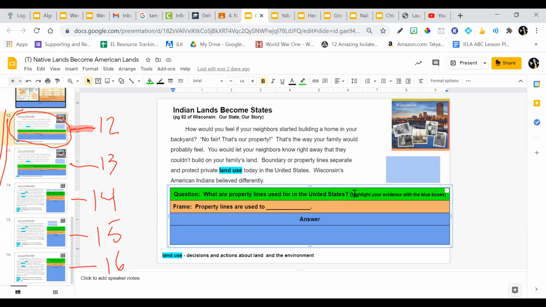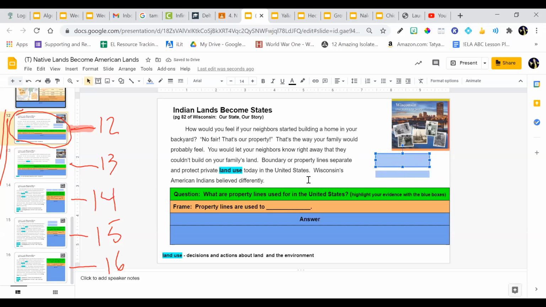And it tells us to highlight our answer with the blue boxes. I have two blue boxes here, and I can move them around a little bit. If I read that, what are property lines used for? I look through here, and I see it talks about property lines right here.